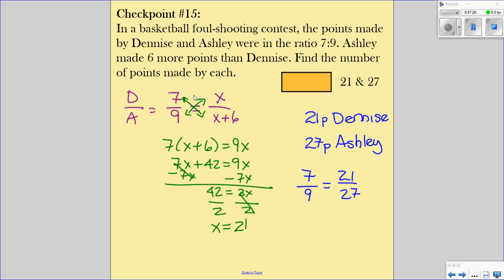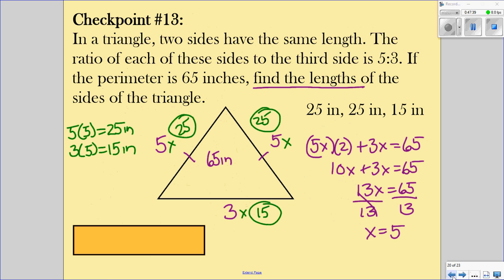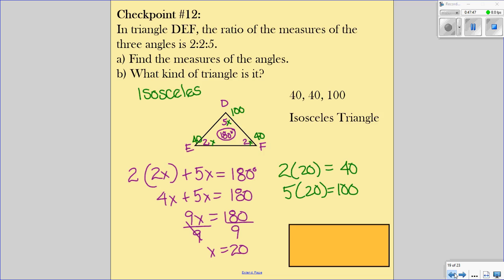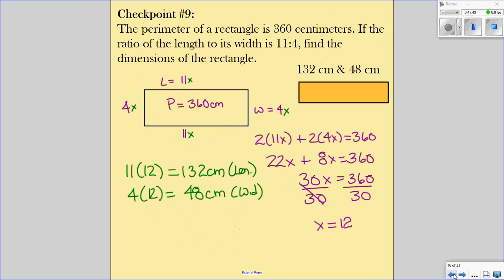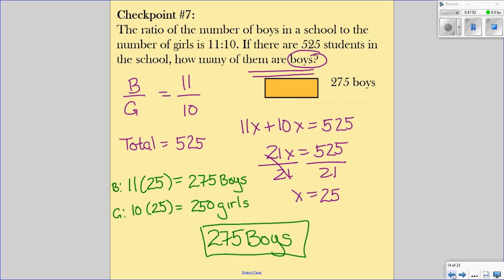But when you're dealing with a ratio like that, and there's no total, for example when they give you a perimeter where you just put x and set it up, or with angles, mostly of them were perimeter. This one had no total. If there is a total, then you could do it like this, where you have the number x plus whatever number x and set it equal to the total.